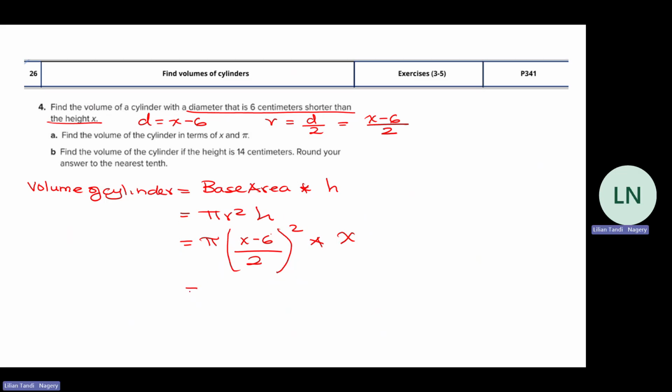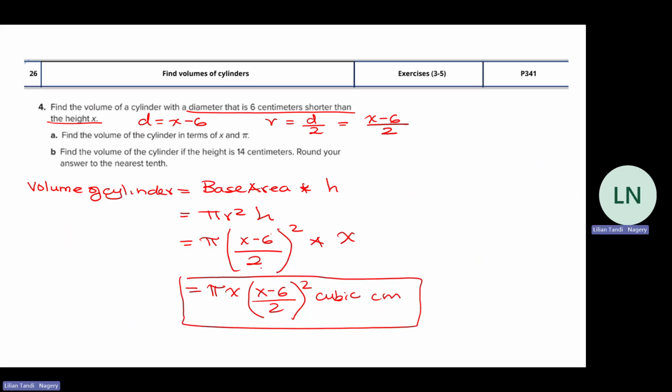It will be pi x minus 6 divide 2 squared. And then what is your unit? Centimeter. So this will be cubic centimeter. Okay. So you leave it like that.